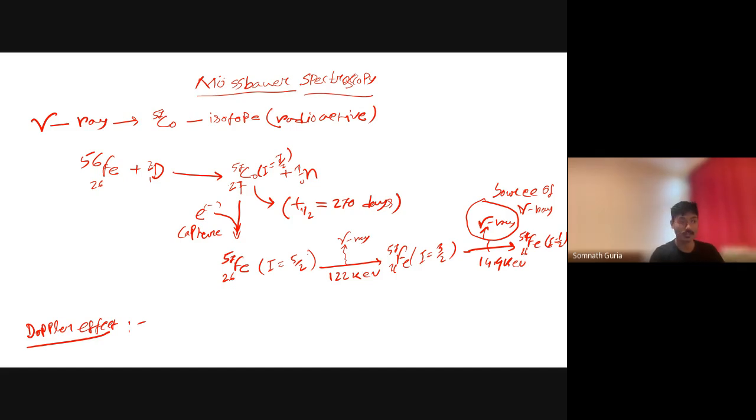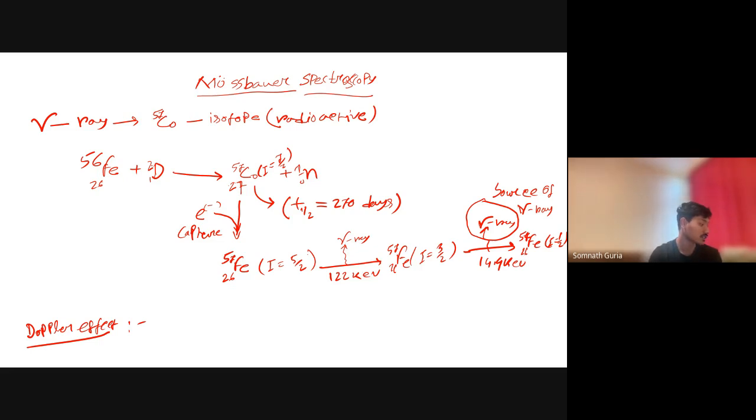Here also, a very high energetic gamma ray coming from one particular atom will push the system backwards to get that much energy to come forward.